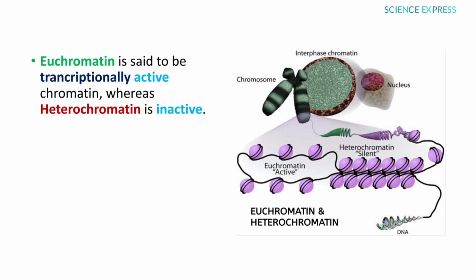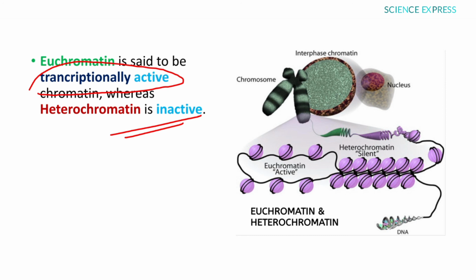In the case of euchromatin, they are transcriptionally active. That means they can synthesize mRNA and protein also. Actually, they produce the functional gene product. In the case of heterochromatin, they are inactive, so no product is produced, so the gene is inactive in nature.